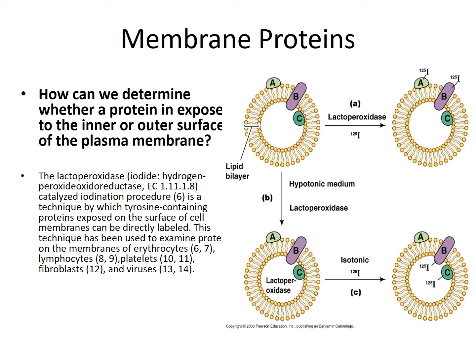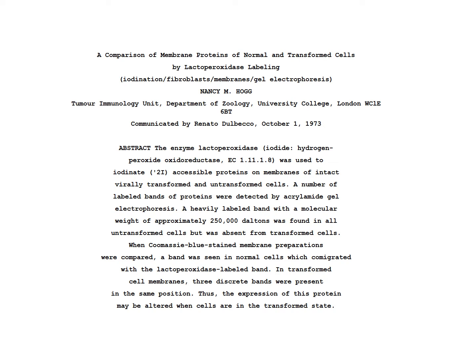So now, if you carry the experiment further, and this was the original paper where they did that in 1973, A is on the surface and not inside. B is on both outside and inside, and C is on the inside. That's what that data is telling you.